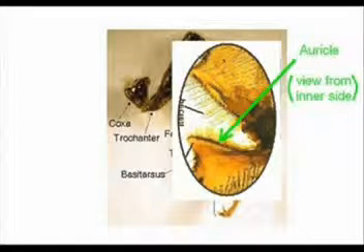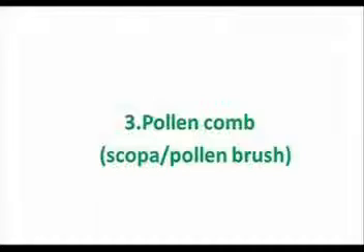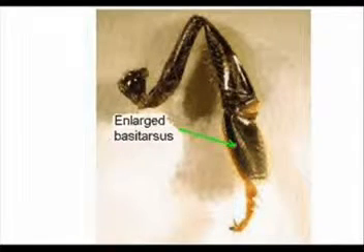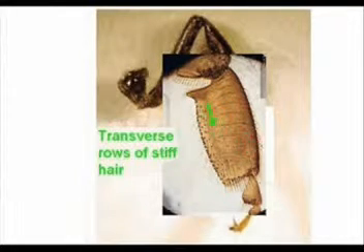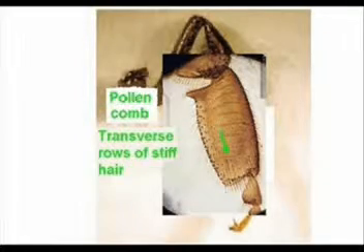This auricle is also called pollen press. Pollen comb. The basitarsus of the pollen collecting leg is greatly enlarged. It bears on its inner surface several transverse rows of stiff hair, which form scopa, also called pollen comb or pollen brush.